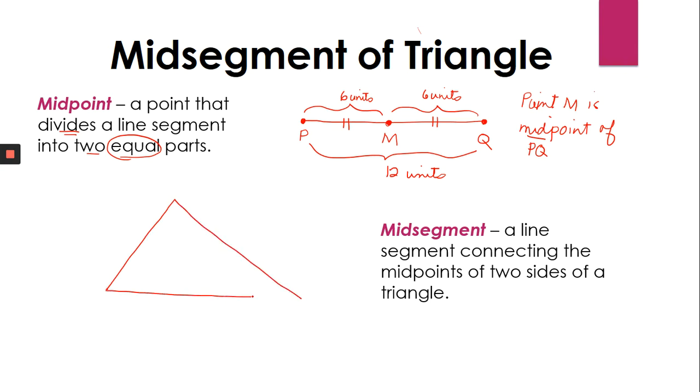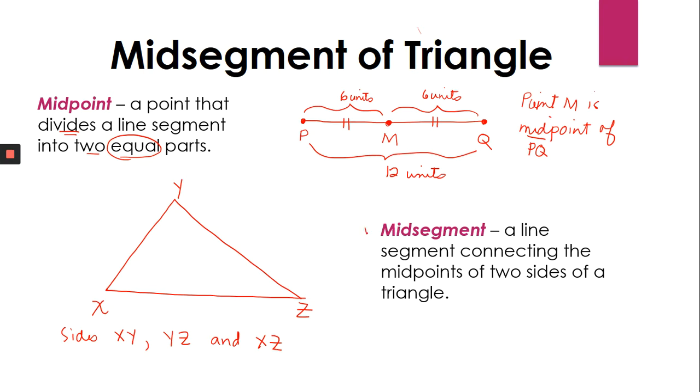Let's say this is triangle XYZ. Now we have three sides. The sides are XY, YZ, and XZ. So we have three sides in a triangle.